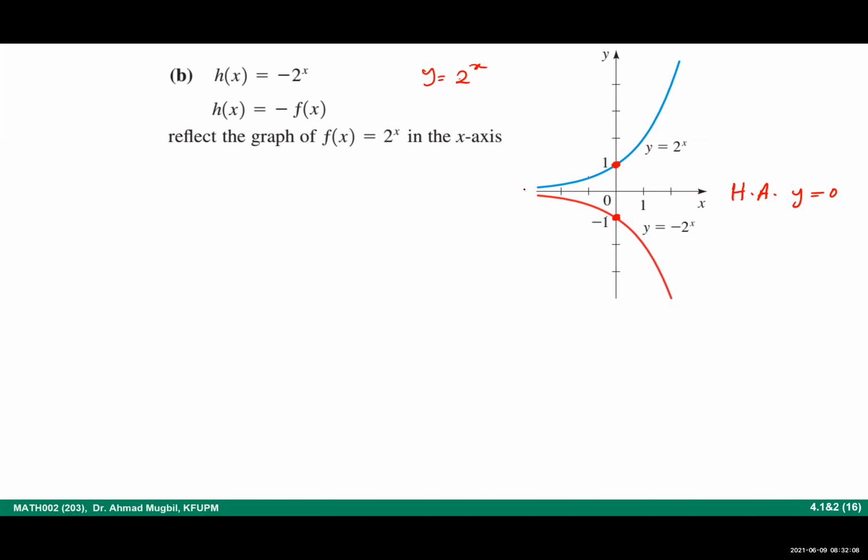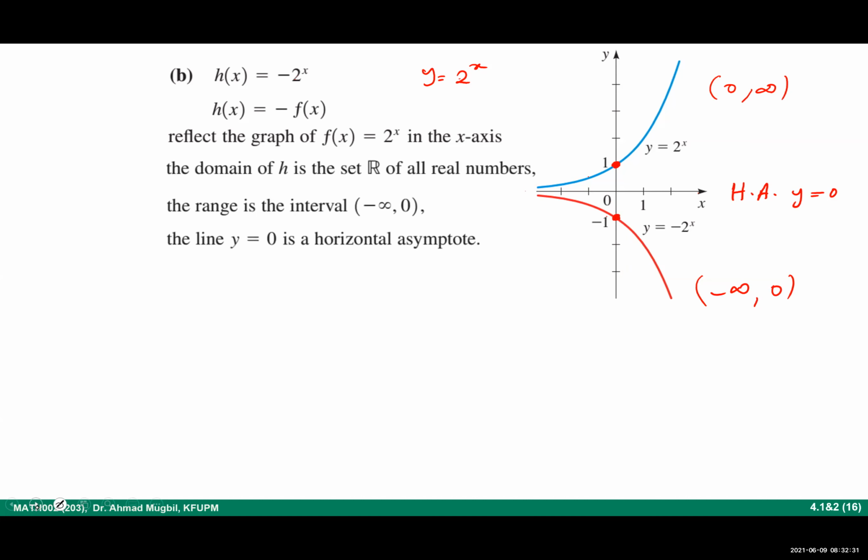Yes, ya Shabab, I want all of you to be active, not only Mansoor and Abdurrahman and a few students. So the range here is what? For 2 to the power x, it was from 0 to infinity. Now, for this one, it is from negative infinity to 0. Great. The horizontal asymptote is still the same, of course.